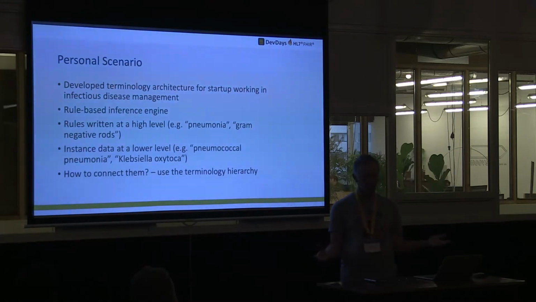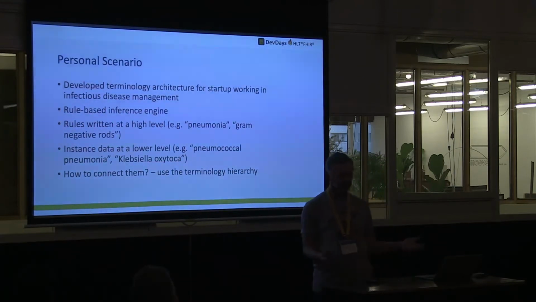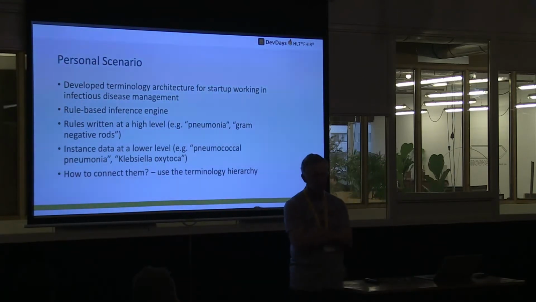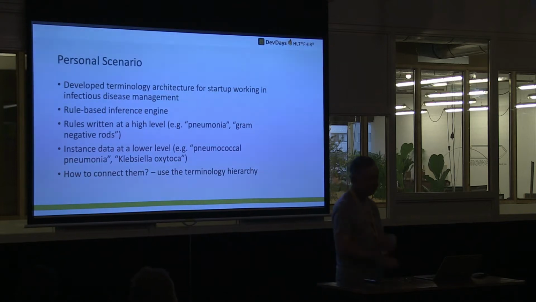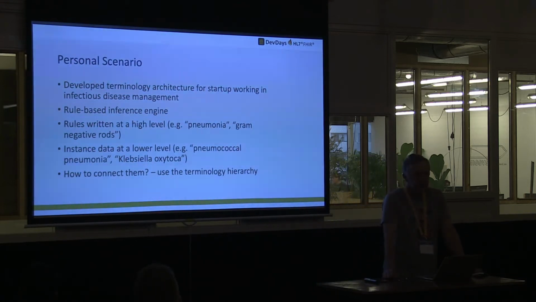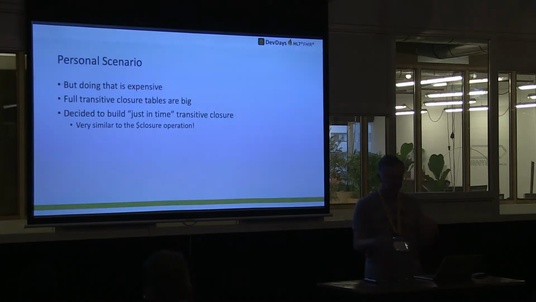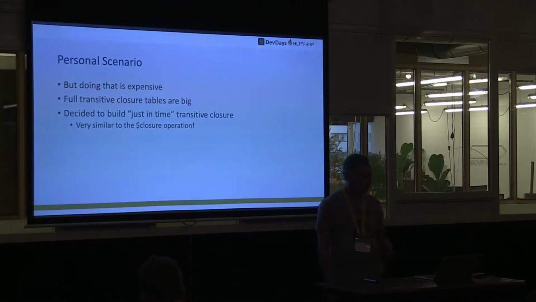And so you can use terminology, the knowledge that's built into SNOMED, particularly in the organism area and in disease as well, to help you connect those kinds of things. So terminology can play a pretty crucial role there, but you've got to make that connection, and it's not necessarily a straightforward parent and child relationship. Maybe multiple levels are involved.